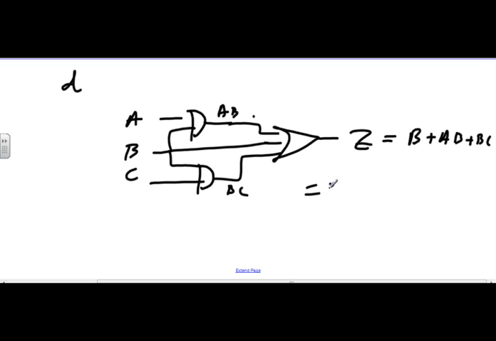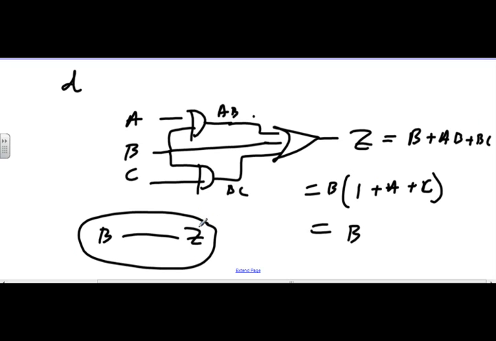All right, I got B, and I got 1 or A or B or C, which is B. So I got B, Z. That's my drawing. That's all there is.